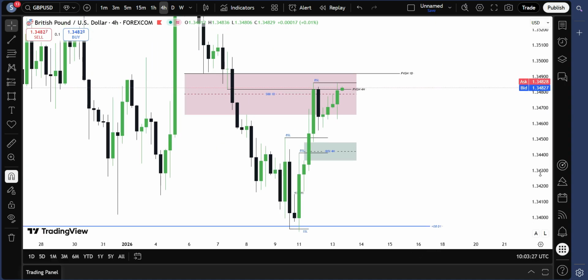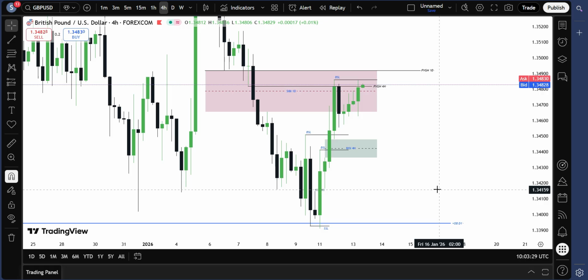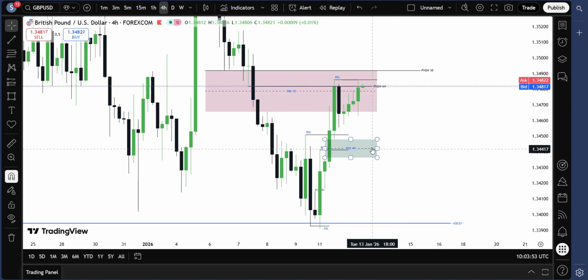Let me say this finally, and then as we can see, according to the model we are using, price has presently showed us nothing. We don't know whether its intent is to take out buy side liquidity first and then come down, that's retraced to fill the internal range liquidity here, or it intends to fill the internal range liquidity and then continue further up.